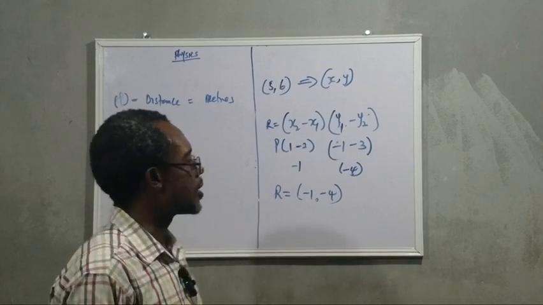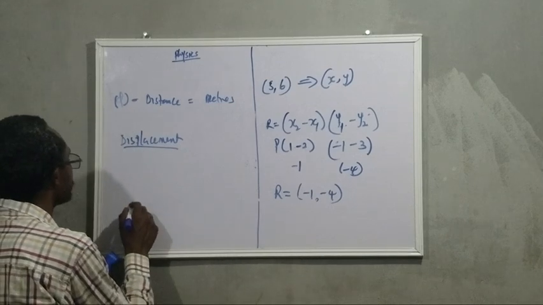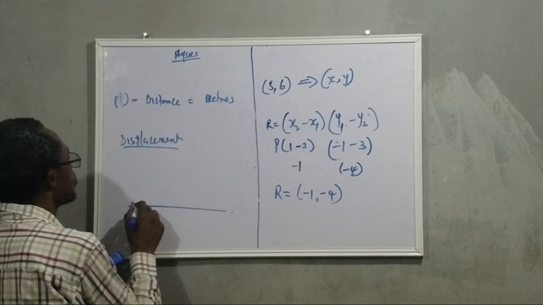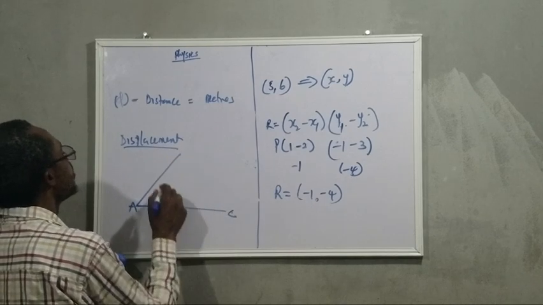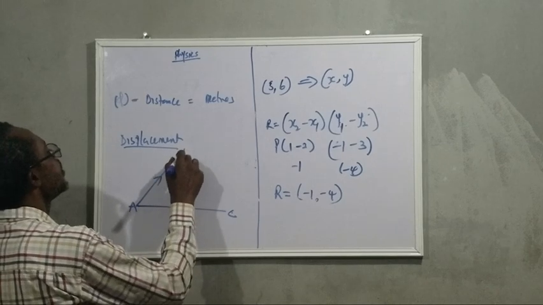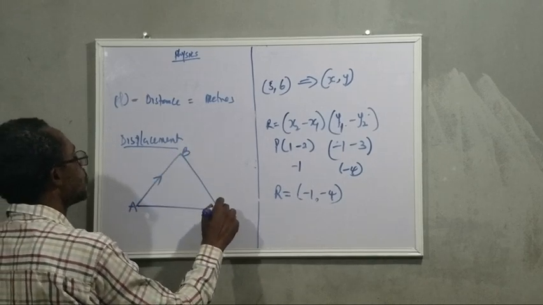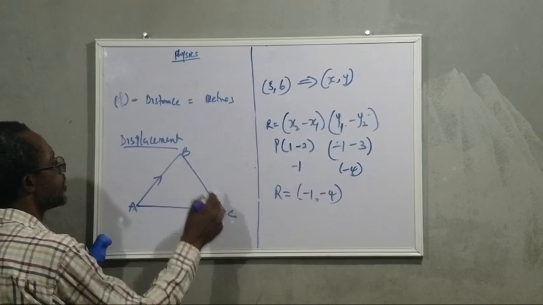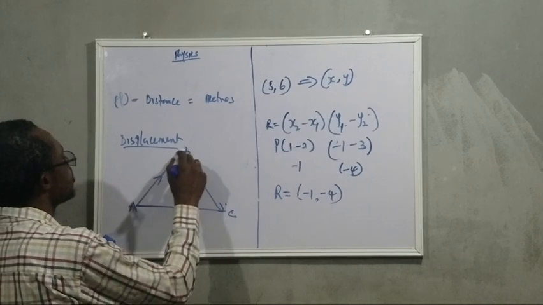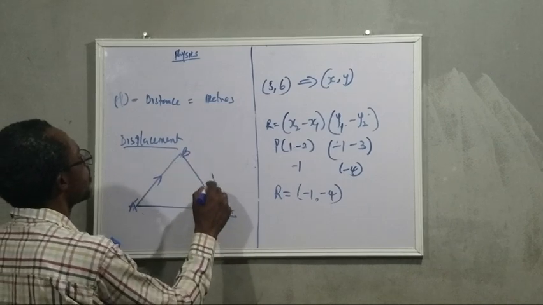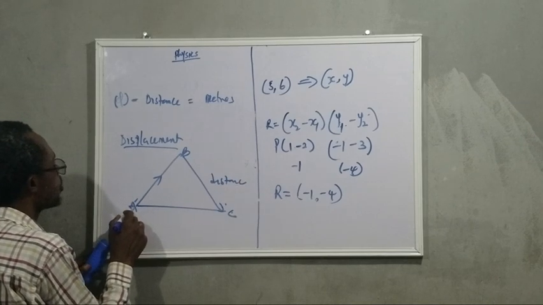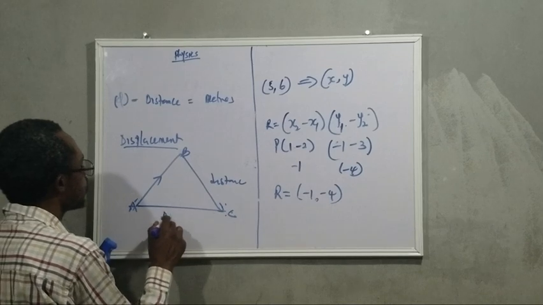So let's take, for example, you are at point A and you want to move to point C, but you decided to move to point B, and when you got to point B, from point B you find your way to point C. The distance covered from A to B to C, the change in position from A to B to C, is called distance, while the change in position between A and C is called displacement.